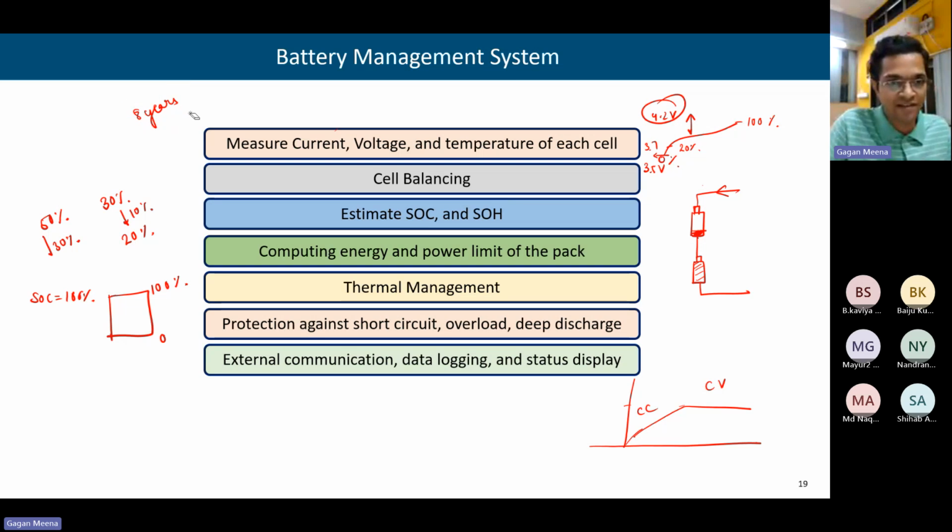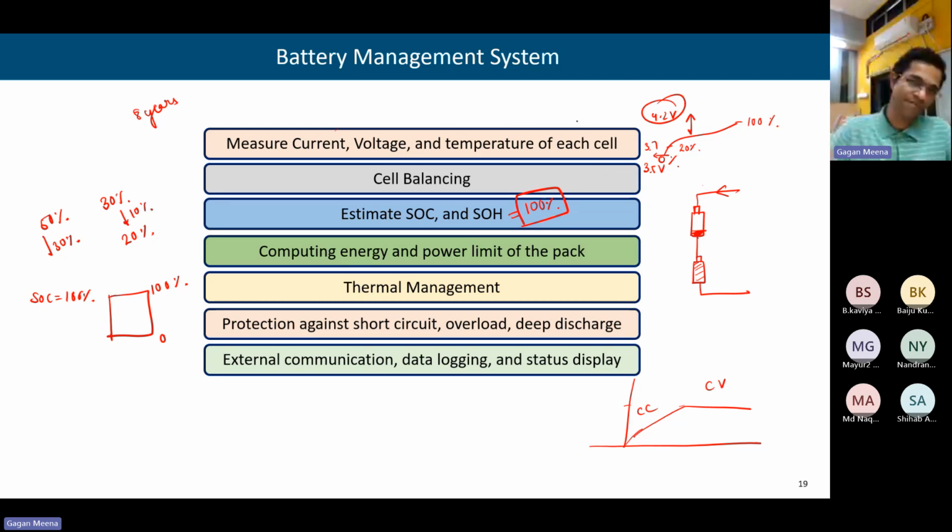The initial life was 8 years. In that case, when we purchase it, it will show 100% state of health. It will be able to provide satisfactory performance up to 8 years.